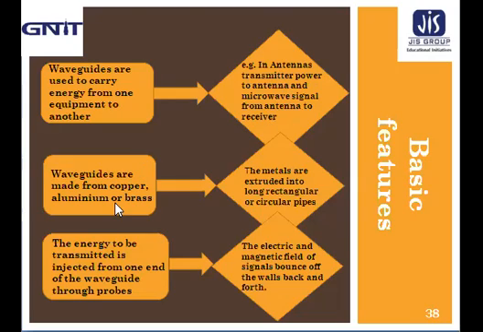Waveguides are made of copper, aluminum, or brass, and these materials are extruded into long rectangular or circular pipes. The energy to be transmitted is injected from one end of the waveguide through a probe, and the electric and the magnetic field of the signals bounce off the wall back and forth. All these are the basic features of waveguide.